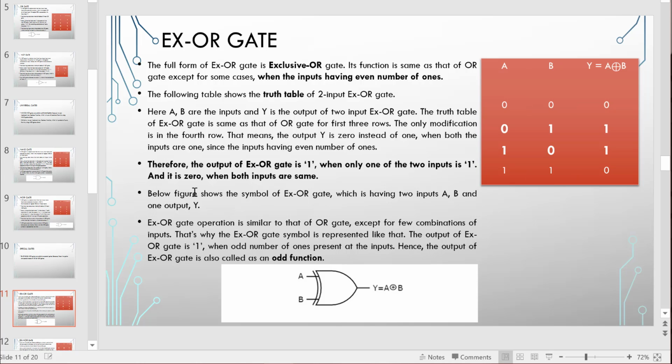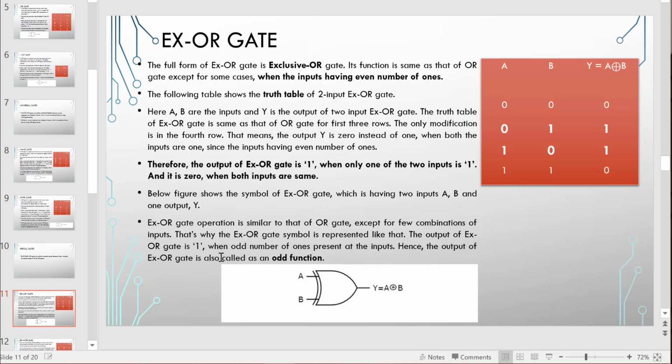So the exclusive OR gate operation is similar to that of the OR gate, except for a few combinations of inputs. That's why the exclusive OR gate symbol is represented like that. The output of the exclusive OR gate is 1 when an odd number of ones is present at the inputs.